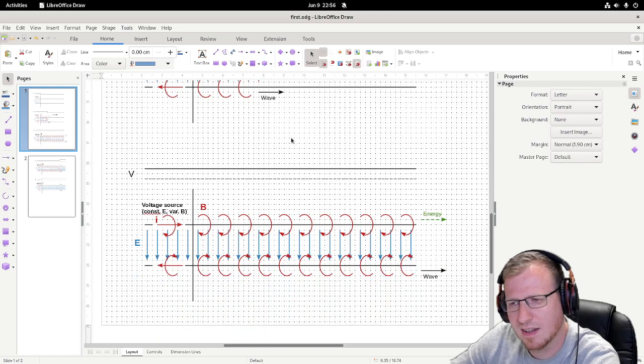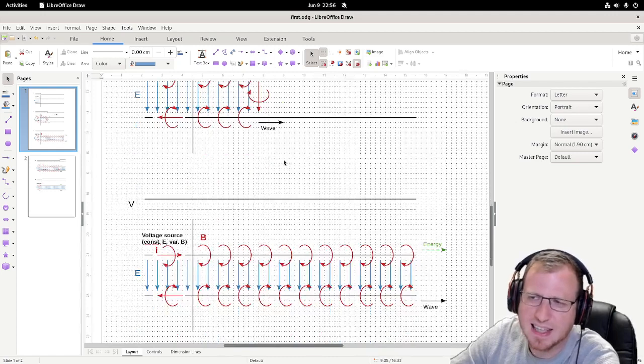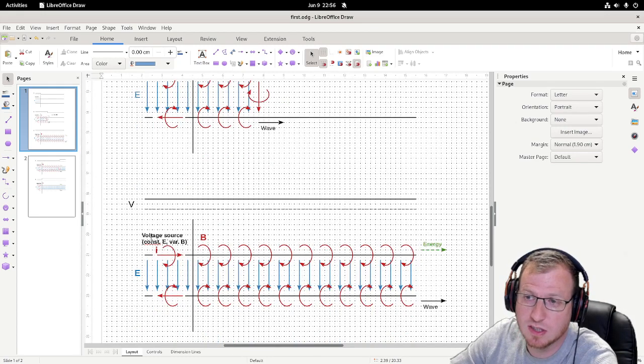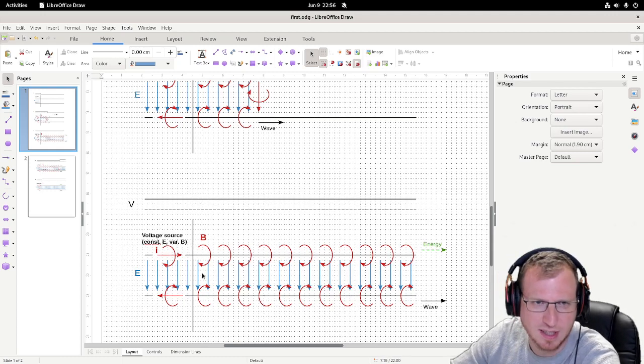At least in some way the loading process is finished and the voltage source must stop sending current.